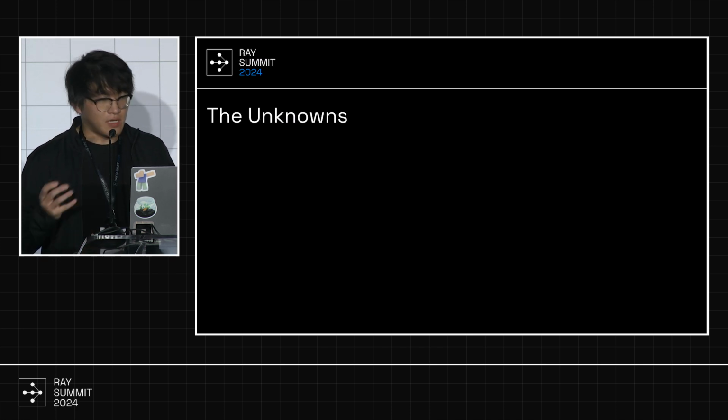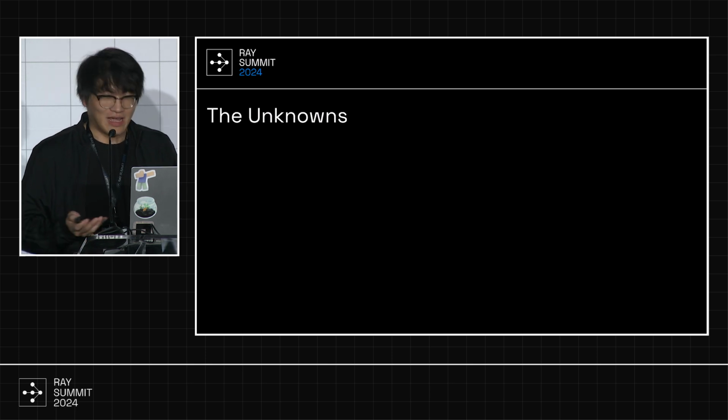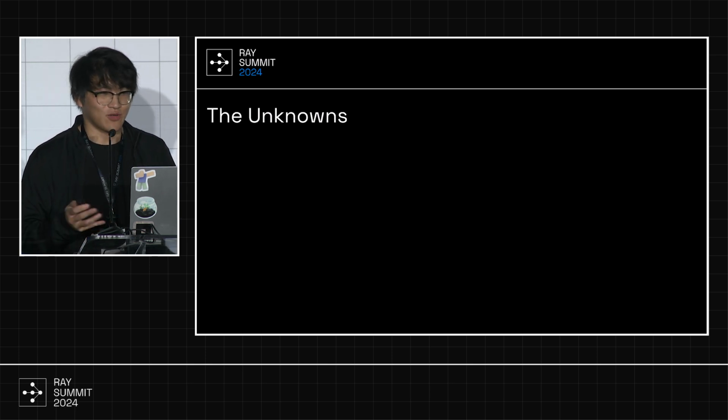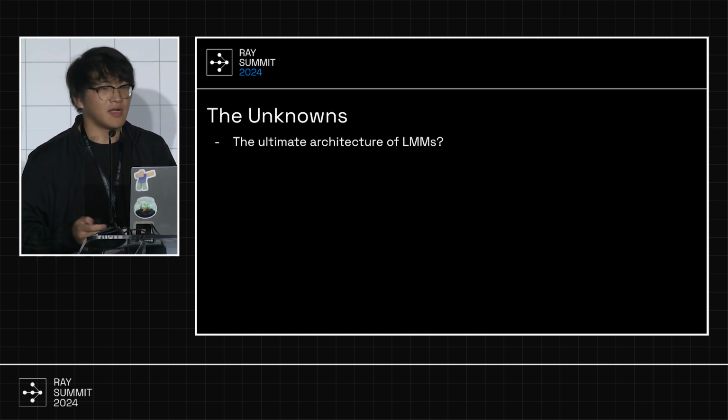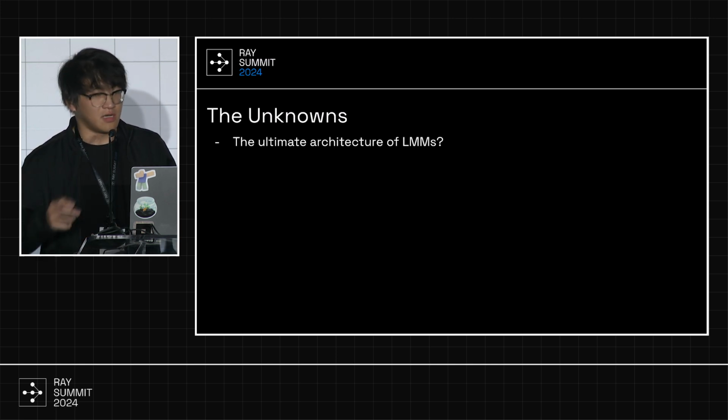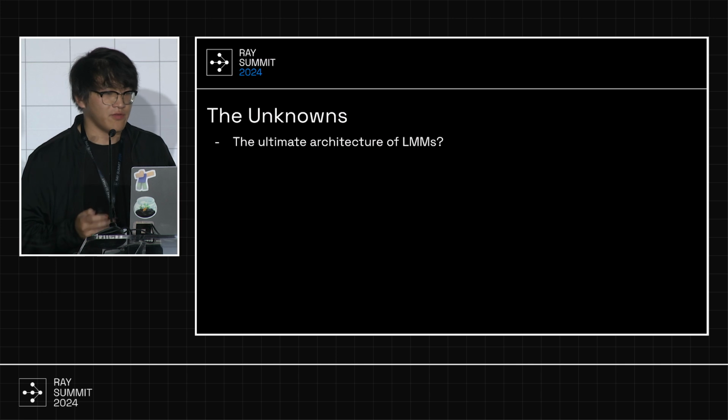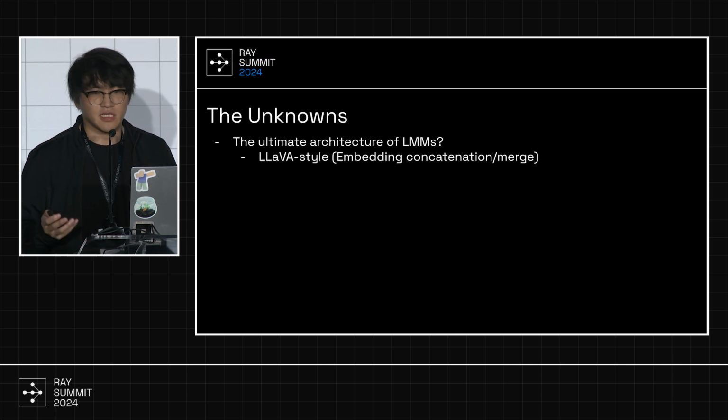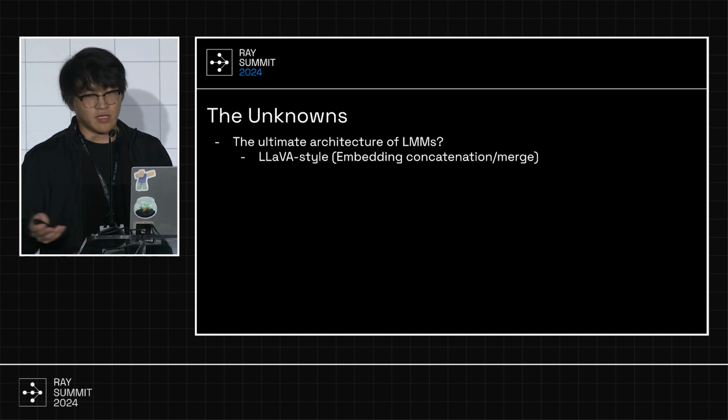And I want to wrap up with some unknowns that I personally don't even have an answer to yet, but it's just for the interest of the audience. I think in the overall large multimodal model world, we still haven't figured out the ultimate architecture of LLMs. Is it LLaVA based, where you merge the embeddings together and send them to a decoder-only language model?